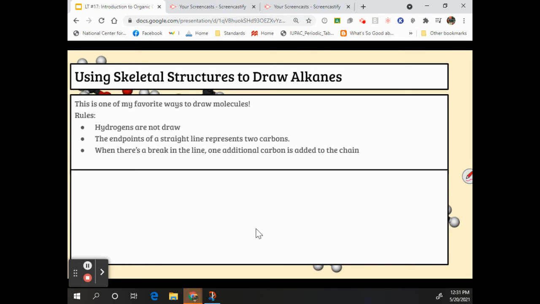So let's first start with propane. And here's the molecular formula for propane. But here is what we call the constitutional formula for propane, which shows us the placement of each of the carbons. So I can have CH3, CH2, CH3.